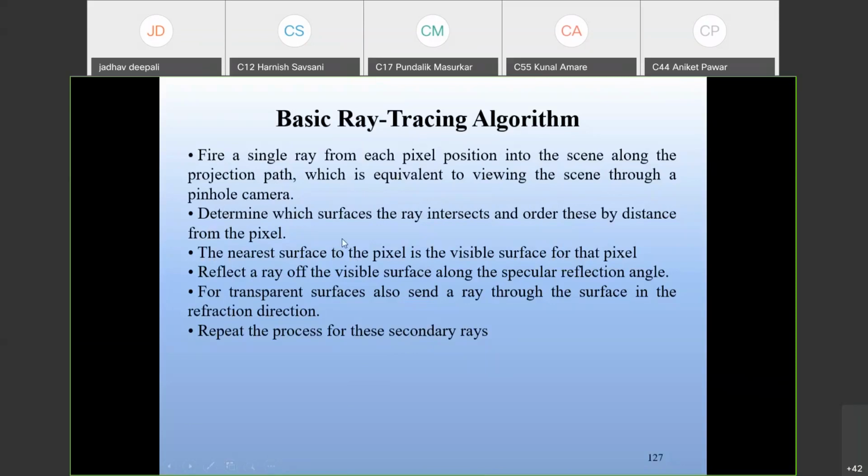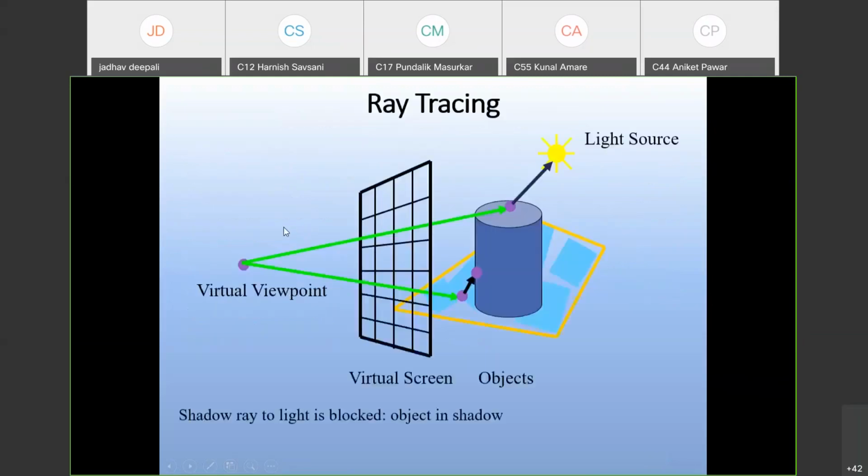Determine which surfaces the ray intersects and order these by distance from the pixel. The rays are sent from each pixel, from everywhere, into the scene, and we determine which rays intersect the objects in the scene. Now these rays intersect this object, these rays intersect this object.